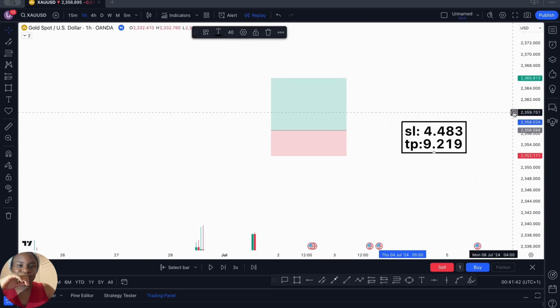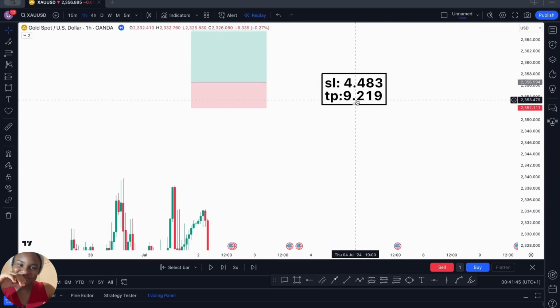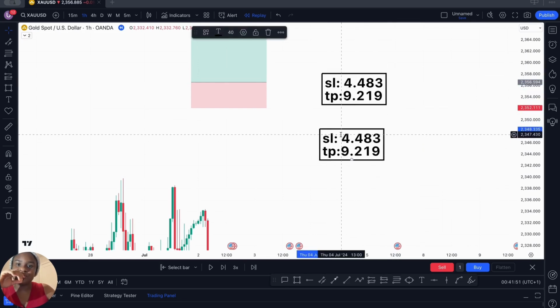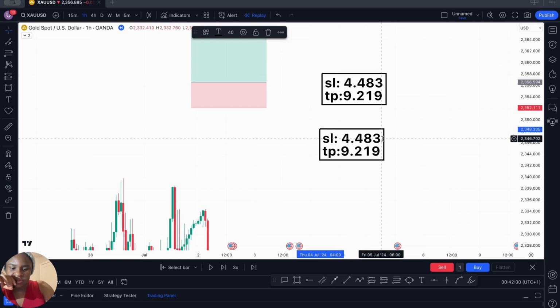Now, I want to show you shortcuts. Well, I'm going to show you shortcuts. Now, how do I know the pips to use in this situation? It's very easy. All you just have to do is come here and multiply by 10. Come down here, multiply by 10.